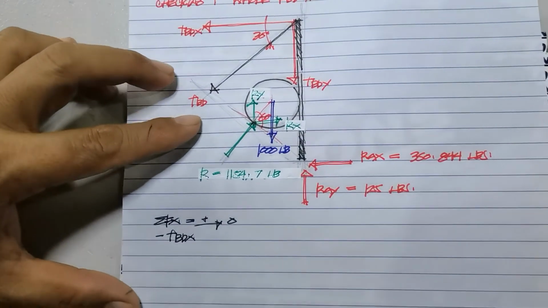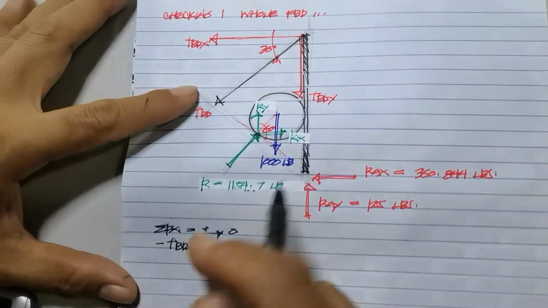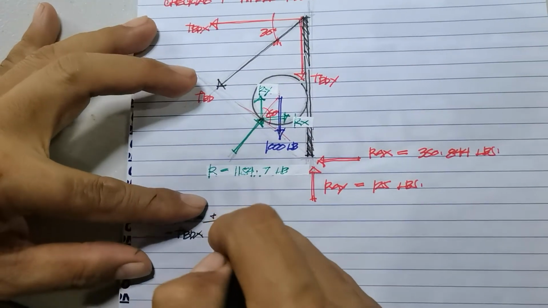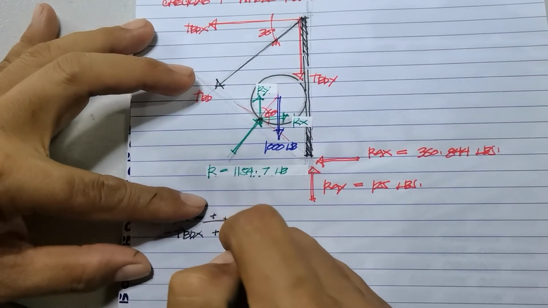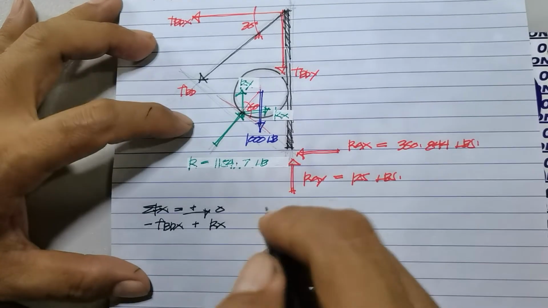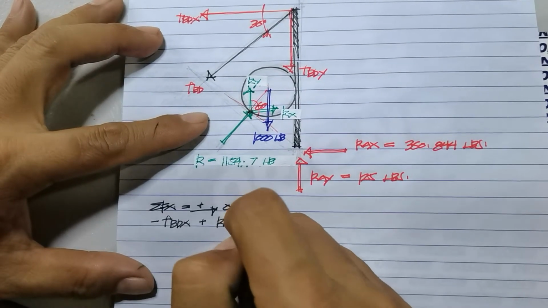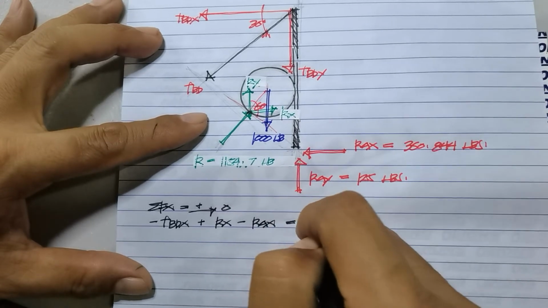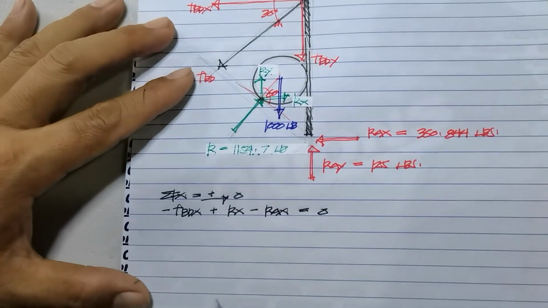So, ayan. So, TBD of X directed to the left, so hence negative. So, RX going to the right, you have positive RX. Then, last one, you have RA of X, directed to the left, negative RA of X. So, since wala na, it's equivalent to 0. So, breakdown natin.